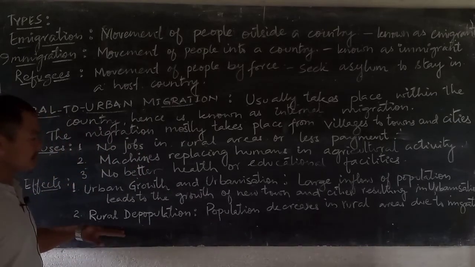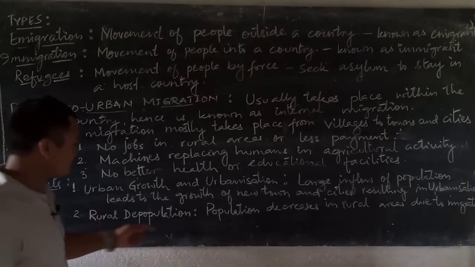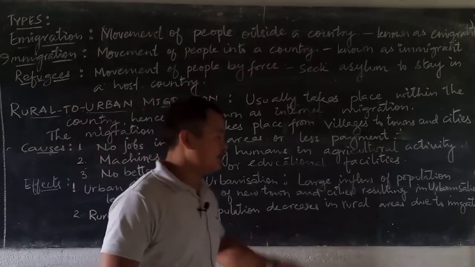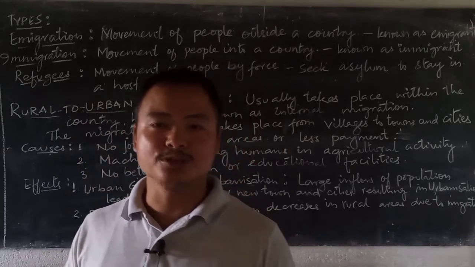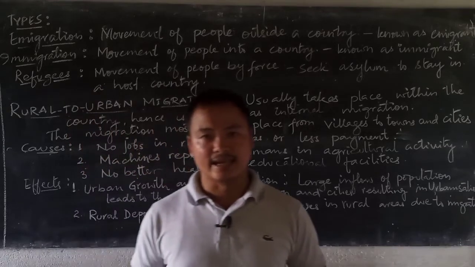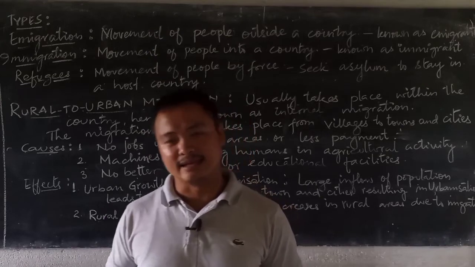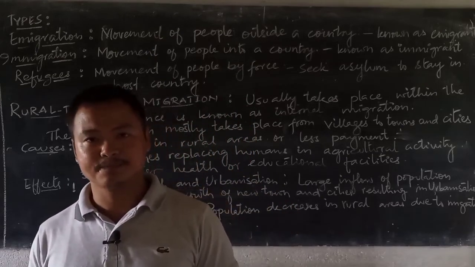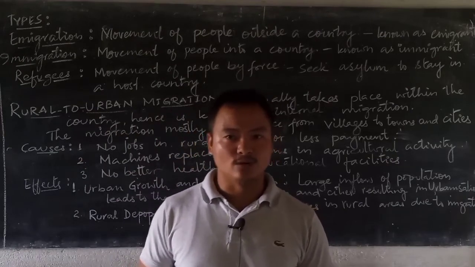The other effect of rural migration is rural depopulation. That means the population decreases in rural areas. So who goes to work? Mostly those people who are efficient and young go to work in urban areas, and they leave behind only the children and the older people.